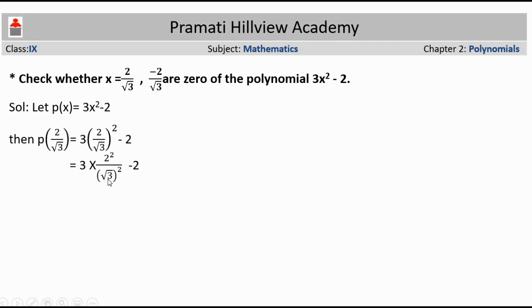Now, root 3 the whole square will become 3 raised to half into 2, so that becomes 3.